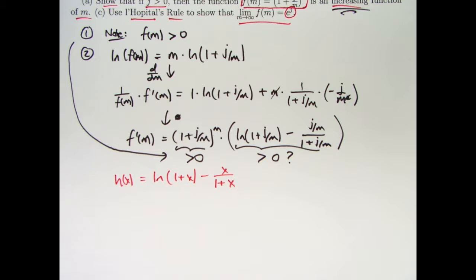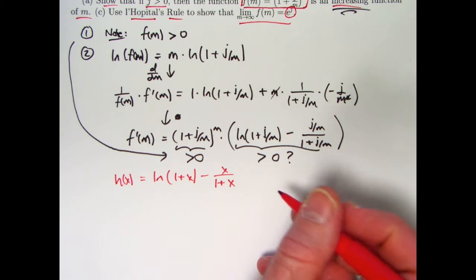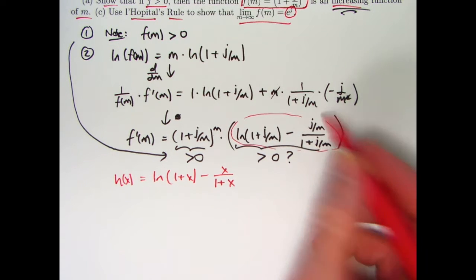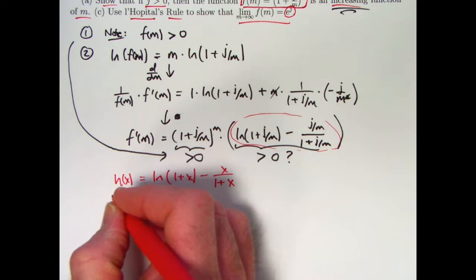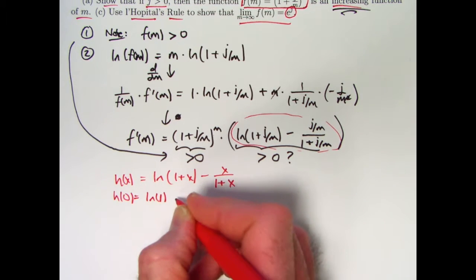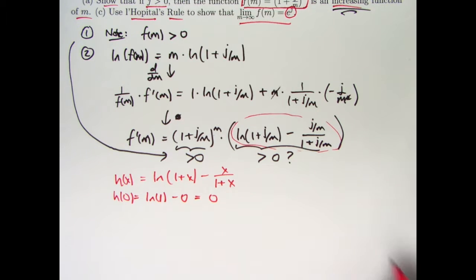If we're not okay, I guess I'll make a new video or something. If I can show this function is positive when x is positive, that will mean this function is positive as well. Do note that h of 0 is natural log of 1 minus 0, which is 0. If I can show h prime is positive, that will then mean h itself is positive when x is positive.